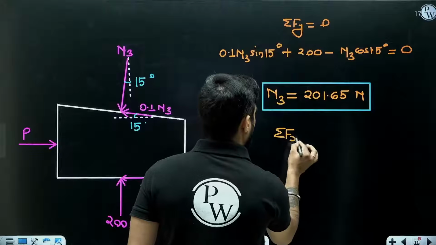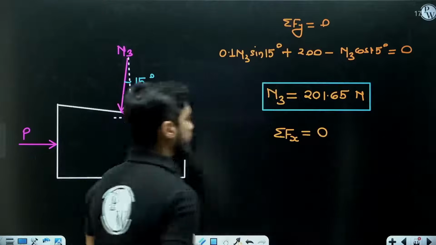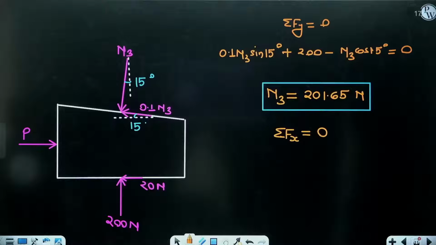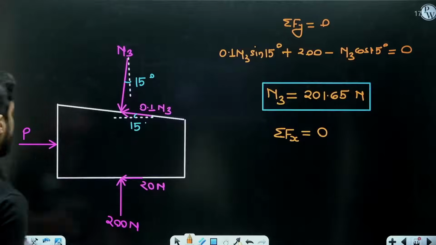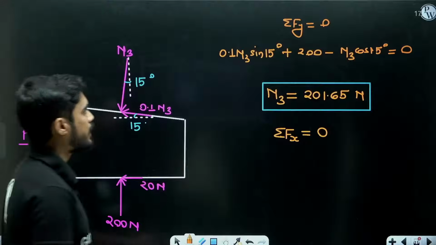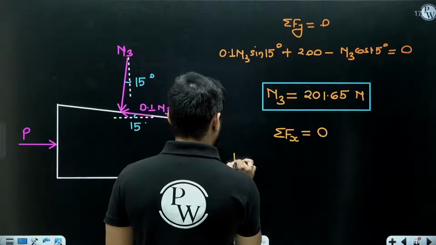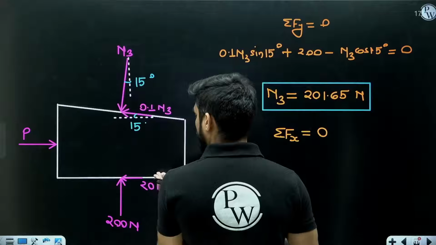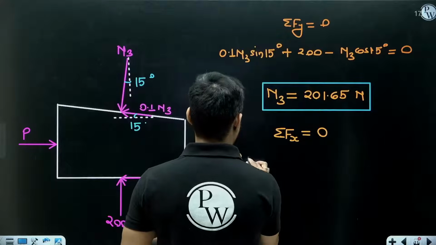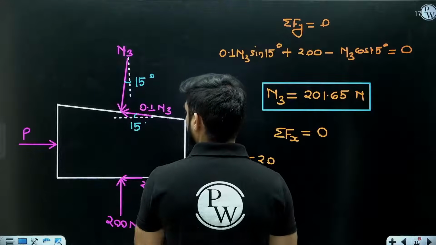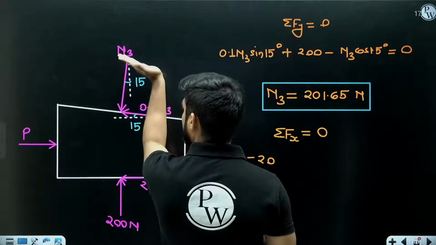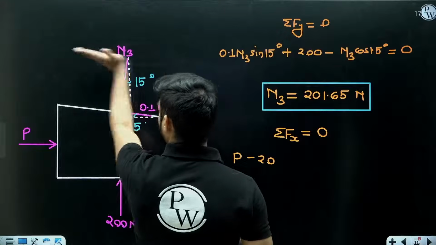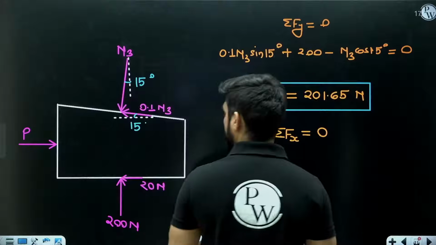Now using summation of Fx equals to 0, we will get the value of P. So if I apply summation of Fx equals to 0, what I am going to get? See, P is towards right. So it will be P, then 20 Newton is towards left, so minus 20, then N3 sine 15 will be towards left.